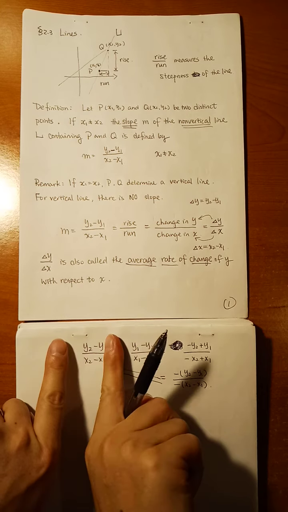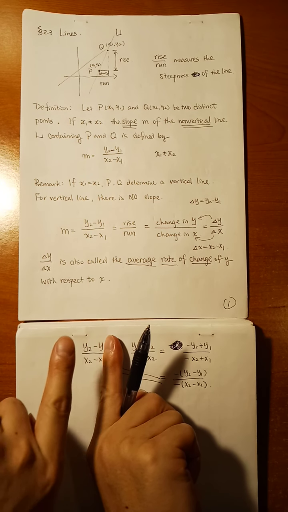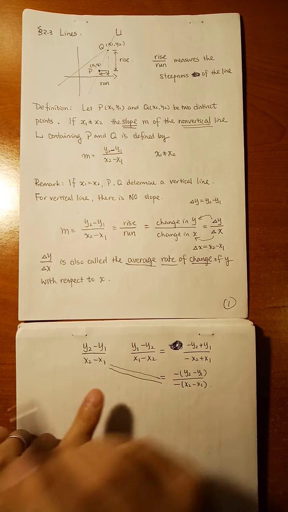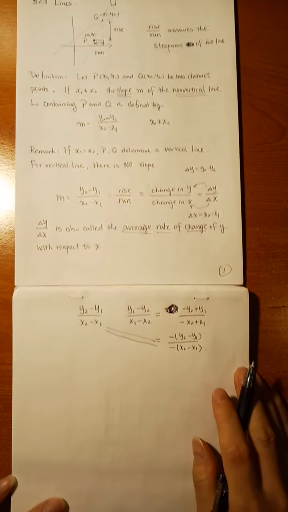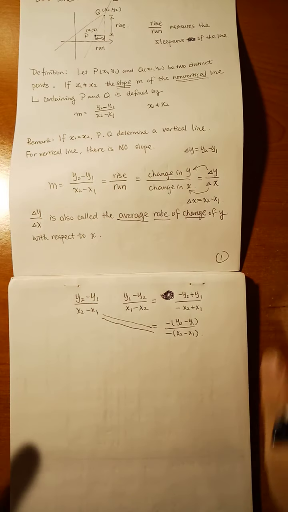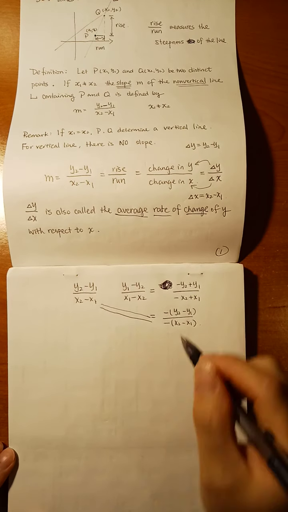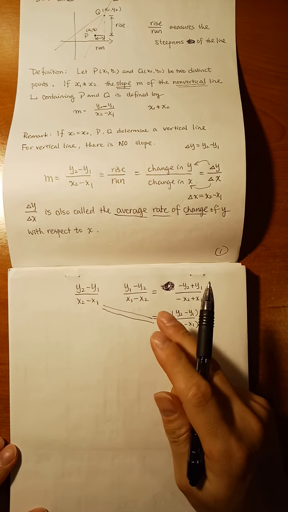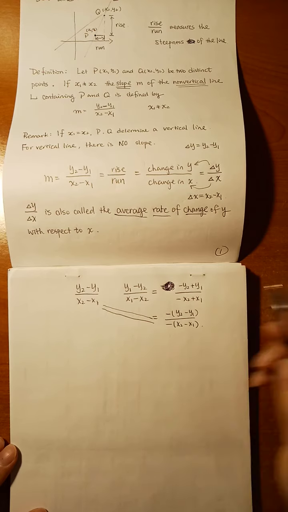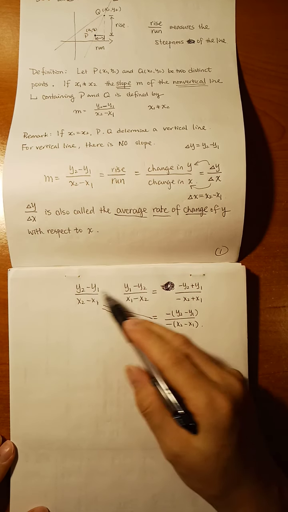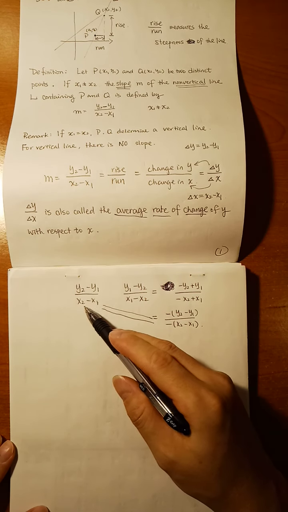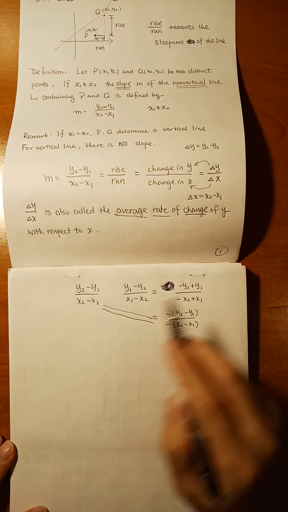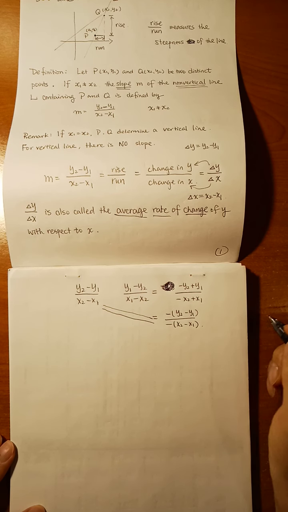This is the coordinate of one point, and this is the coordinate of the second point. If you mix them, you get it wrong. So that's a technical issue. It doesn't matter how you label P and Q. You can label them in whatever way you want: y2 minus y1 over x2 minus x1, or y1 minus y2 over x1 minus x2. They are equal. Okay, so example.